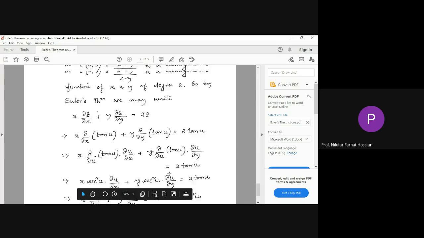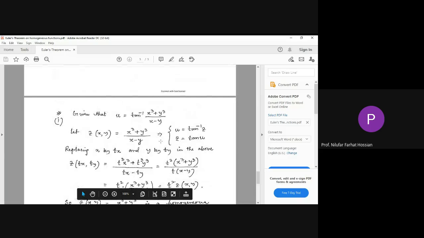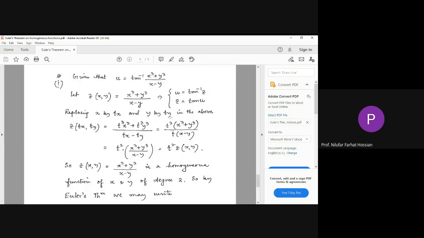So what is your u? That means you have to differentiate this u partially with respect to x and then with respect to y. You see, it is not so simple. Tan inverse of this whole thing, so the partial derivative will not be so easy. So that's why please follow this technique.